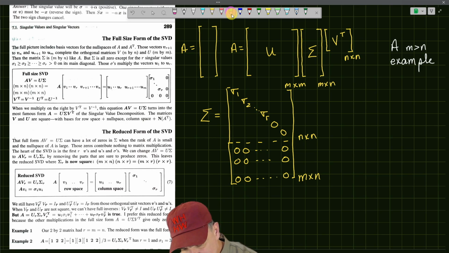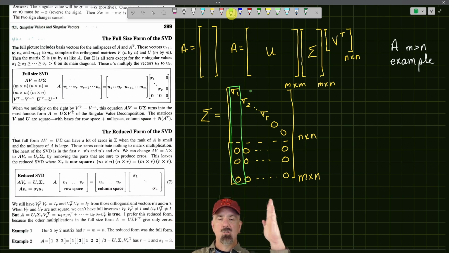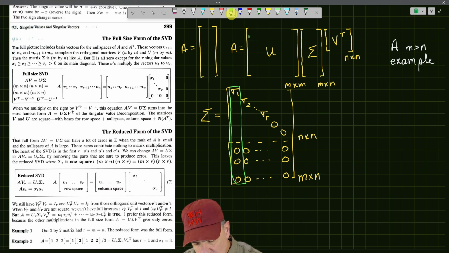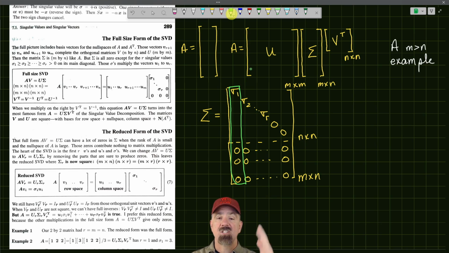Think now, if we grab one of these vectors and multiply it times u, all we would have is sigma 1 times u1. That's it. We grab the next one, we'd have sigma 2 times u2. We keep going until we've gone through all of the columns of sigma.